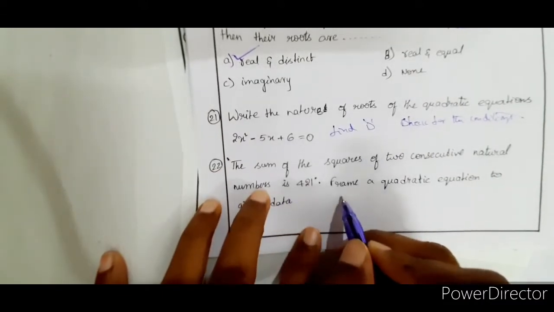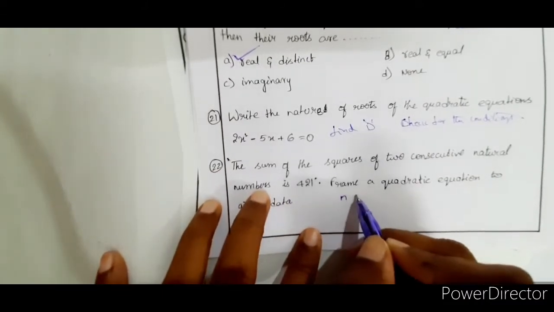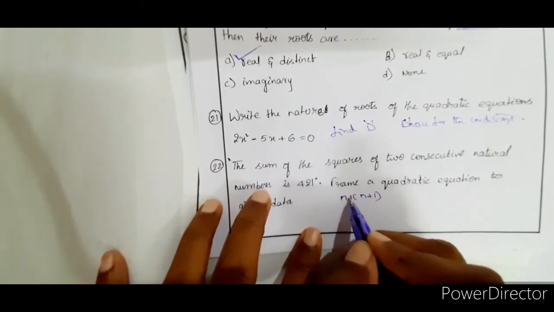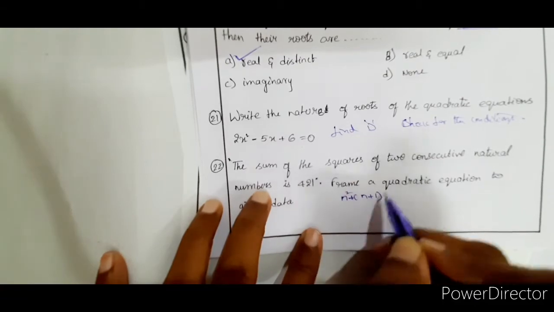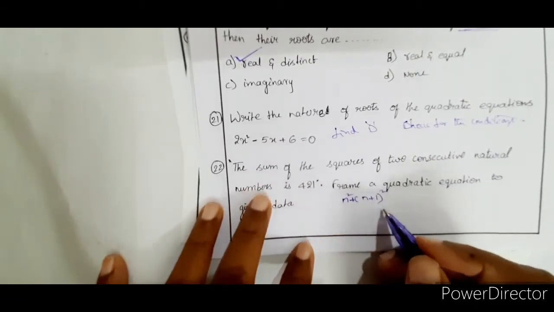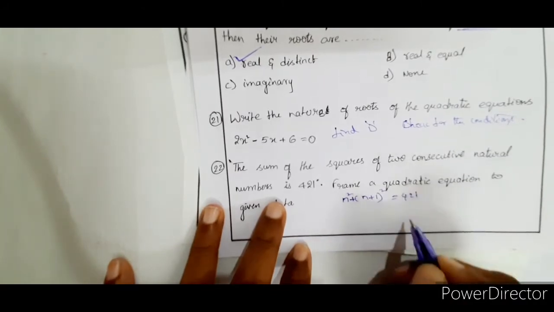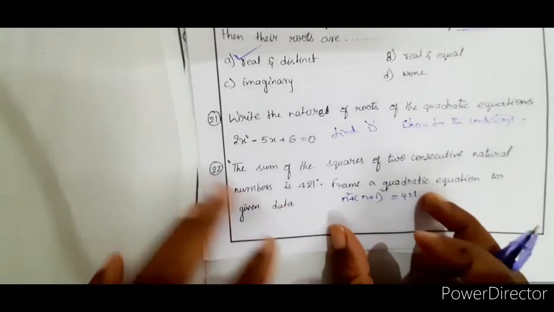That means if one number is n, the other is n plus 1. So, what is he saying? Sum of the squares, n square plus (n plus 1) whole square is equal to 421. So this is the one. How to write the statements, I will show now.